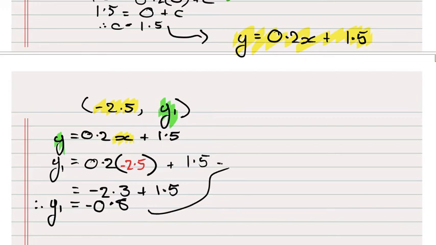Thus, we find that we have negative 2.5 and negative 0.8.